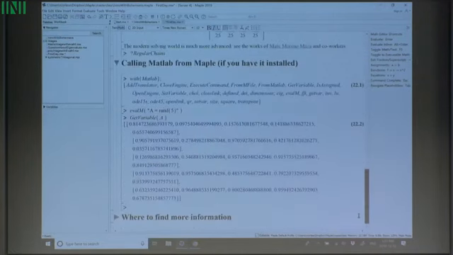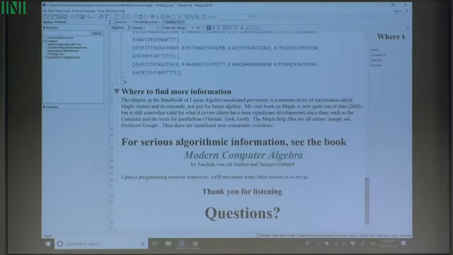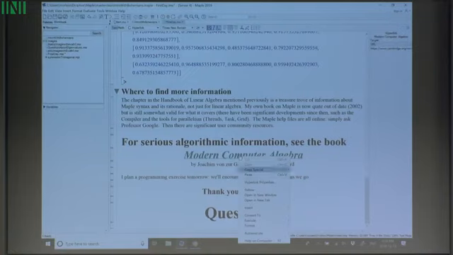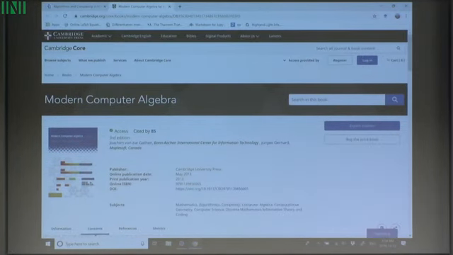Where to find more information? For serious algorithmic information, see the book Modern Computer Algebra. I did click on that. Oh, come on, click on that. Follow. I really meant follow. So my book is now 15 years old. Do not read my book.